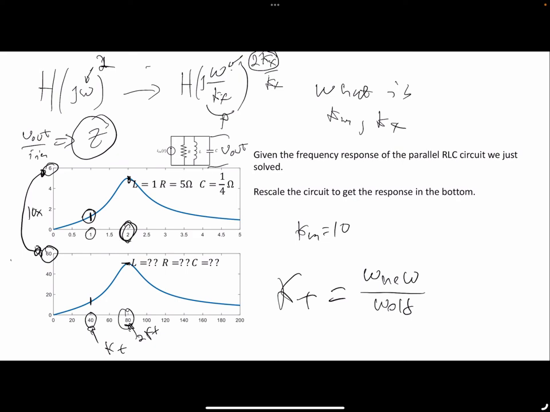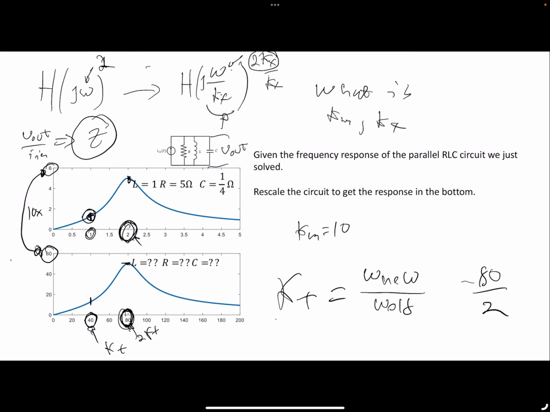This is omega old, where the maximum used to occur. This is where the maximum now occurs, so the omega new. If you take 80 and divide it by 2, I'm going to get 40, which is the correct Kf. I can also just choose 1 here, and then choose 40, and so omega new over omega old is just 40 over 1, which is just Kf.